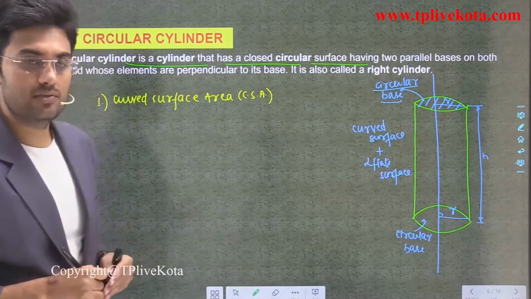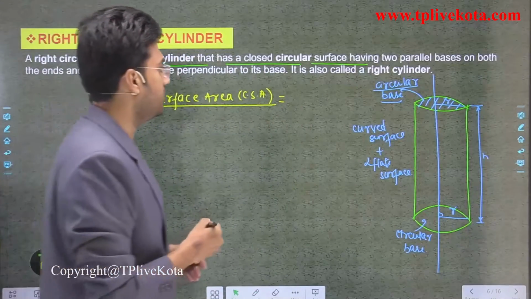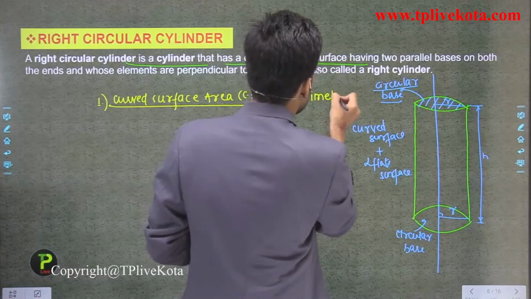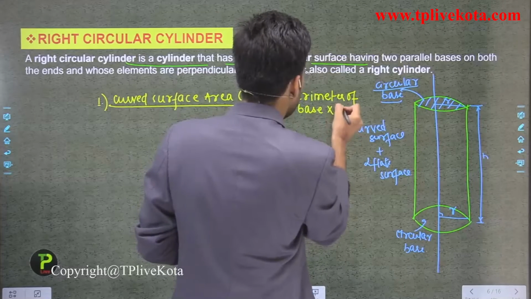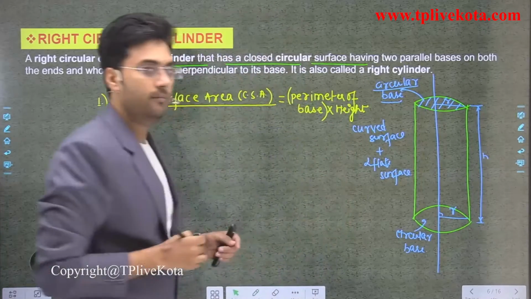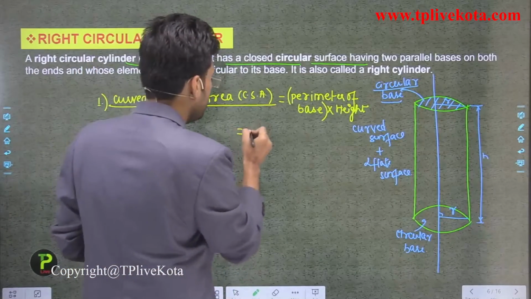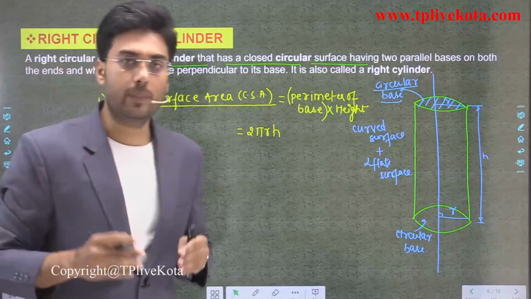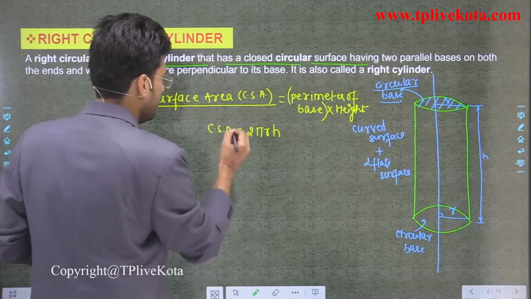Curved surface area is equal to the perimeter of base multiplied by height. And if the base is circular, then the perimeter of base is 2 pi r, and height is h, so it is 2 pi r h. Clear? So this is CSA.